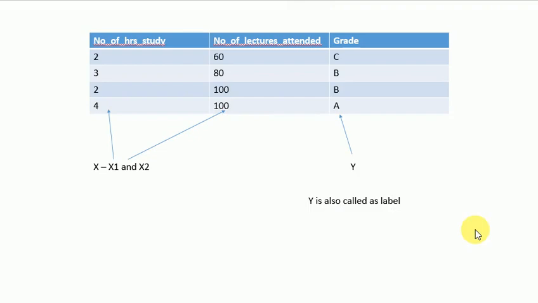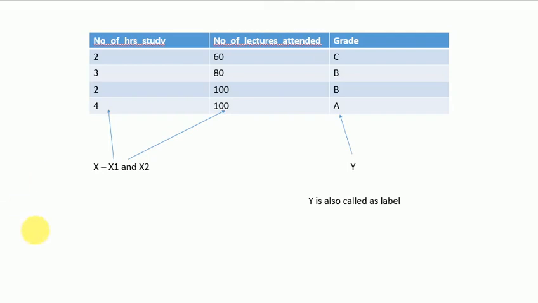Now if I want to classify the students as per the grades, it is very easy for me to classify because I have the grades given for each and every student, and I can write down all the records which have A separately, all the records which have B separately, and all the records which have C separately.